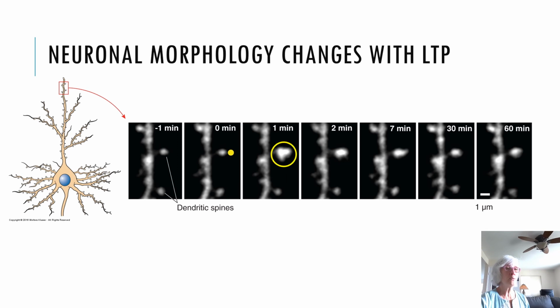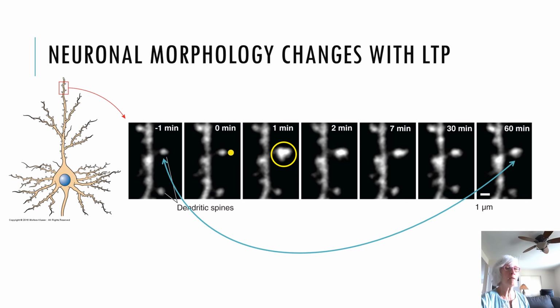As soon as we add this stimulation to induce a very strong EPSP in a CA1 cell, we see 1 minute after that the dendritic spine has increased in size. And that increase in size is carried out for a full hour.